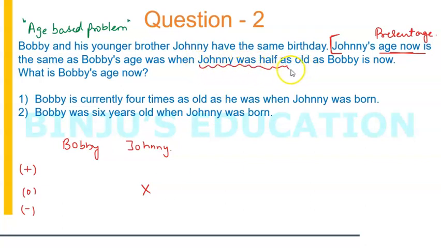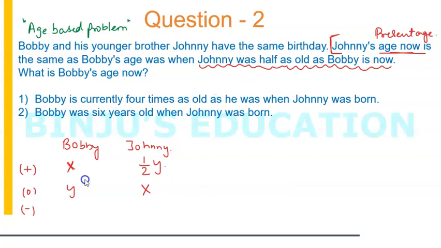If I consider Bobby's present age to be Y, then somewhere in the past, Johnny will be half of Y. So whatever the present age of Bobby is, at some point of time in the past, Johnny's age will be half of Y. At that point of time, Bobby's age should be equal to Johnny's current age. This is what the statement is.